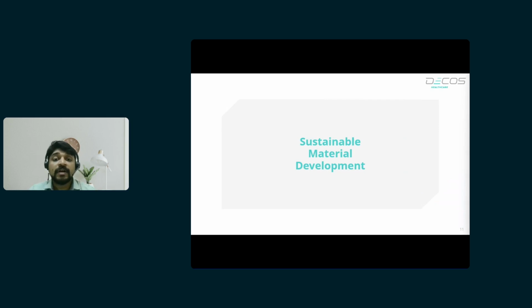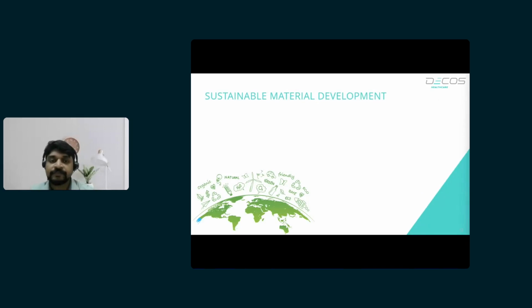The goal is to minimize the negative impact on the environment and society throughout the material's life cycle. By embarking on sustainable material development, we can ensure a future where our material needs are met responsibly with minimal impact on the environment and society.